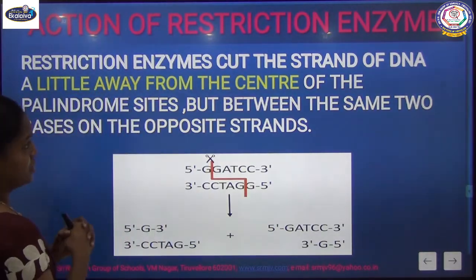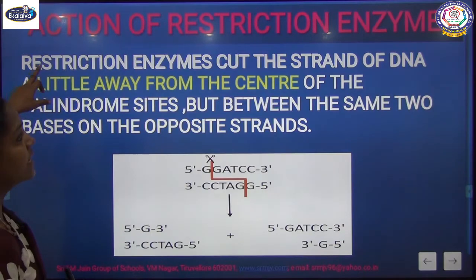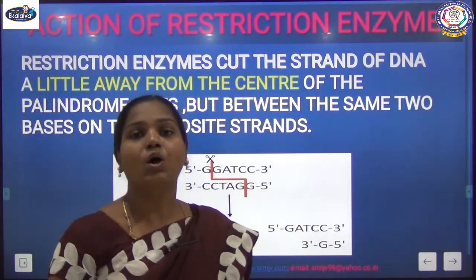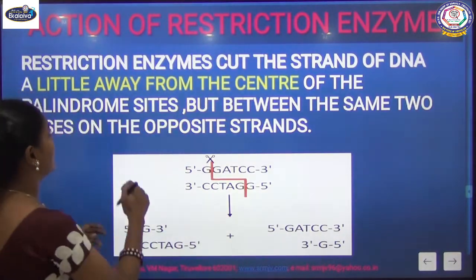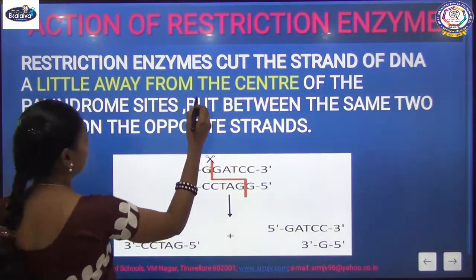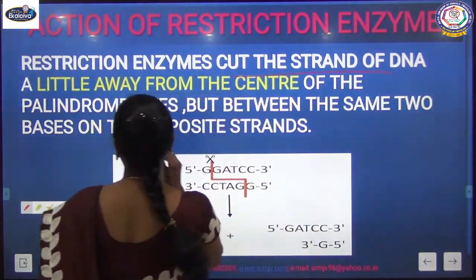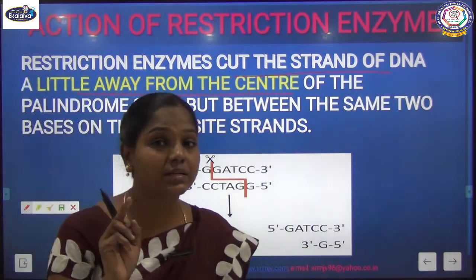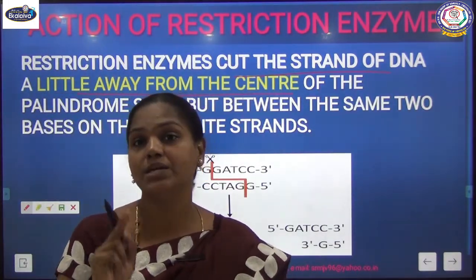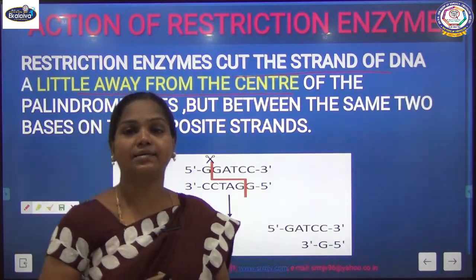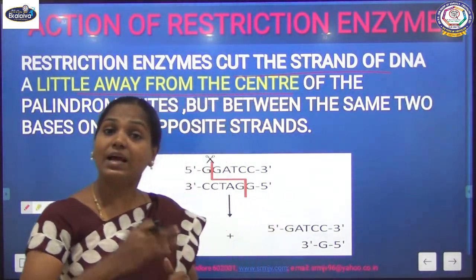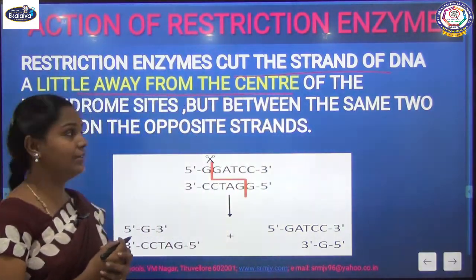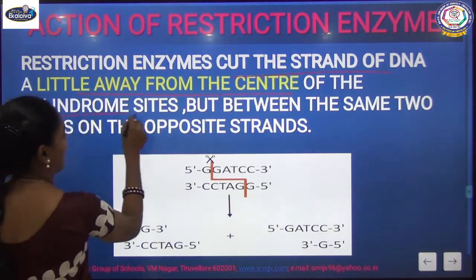Now the action of restriction enzymes: not only EcoR1, any restriction enzyme, how do they cut our DNA? Restriction enzymes cut the strand of DNA a little away from the center. If it is a type of restriction enzyme that produces sticky ends, it will cut the DNA a little away from the center of that particular palindrome site.